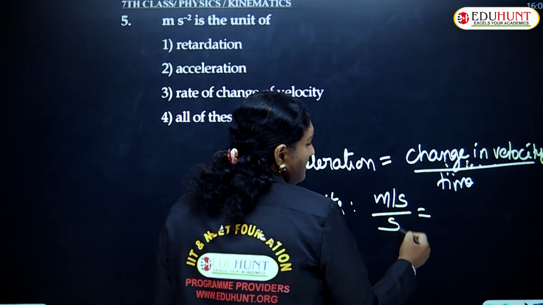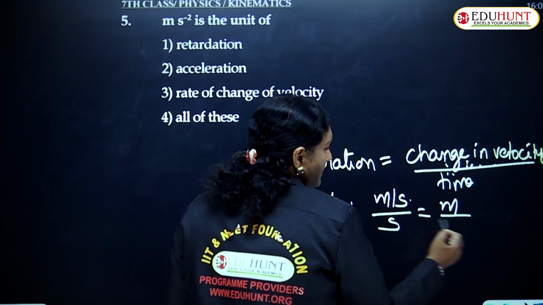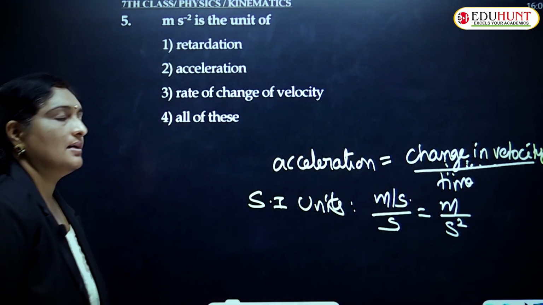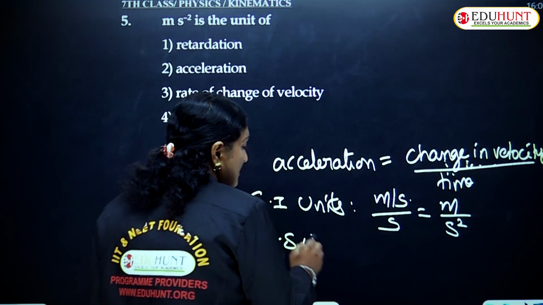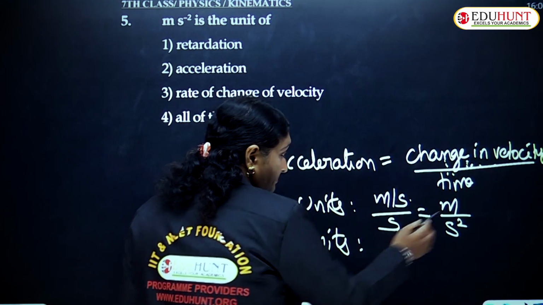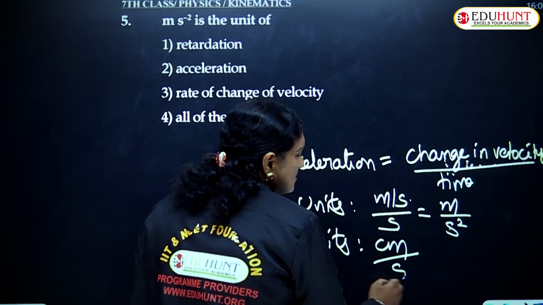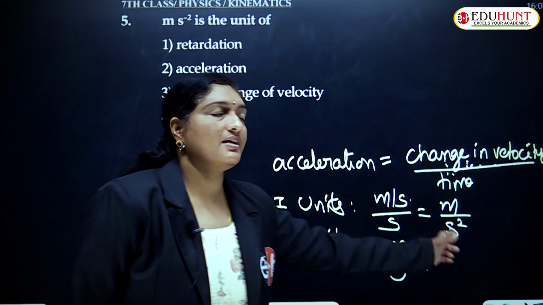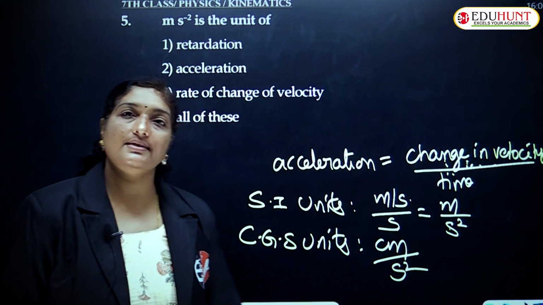If you bring second downwards, it will be meter per second, and second will become second square. SI unit of acceleration is meter per second square, whereas CGS unit of acceleration is, instead of meter, you consider centimeter, and here as usual second square. So remember children, SI unit of acceleration is meter per second square, whereas CGS unit of acceleration is centimeter per second square.